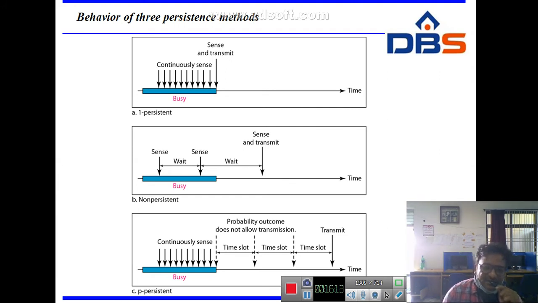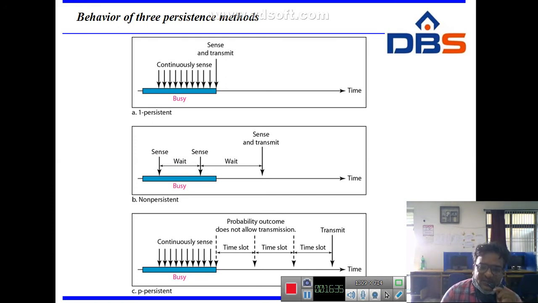In the case of the p-persistent method, we have both the one-persistent and non-persistent methods. Initially, it continuously senses. If the channel is busy, it waits for some time slot, based on the probability outcome.